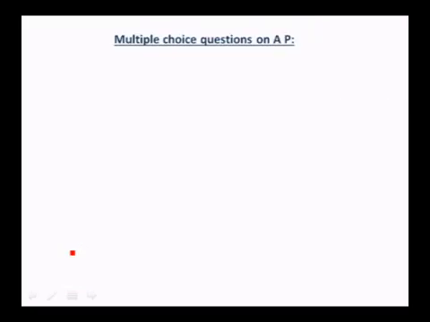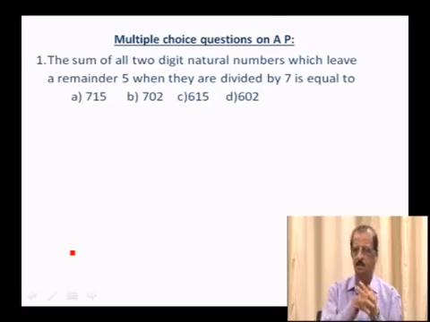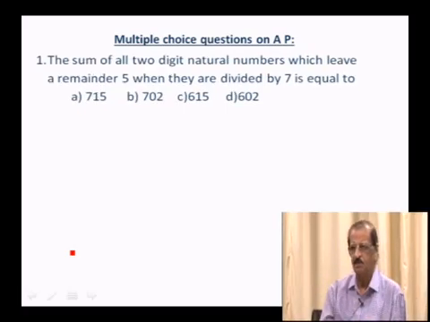So let us discuss the multiple choice questions on this AP first, one by one. Here I have a question. The sum of all 2-digit natural numbers which leave a remainder 5 when they are divided by 7 is equal to? First of all, the 2-digit natural numbers must start from 10, 11, 12 etc. up to 99. Out of these numbers, the first number which leaves the remainder 5 when divided by 7 is 12.